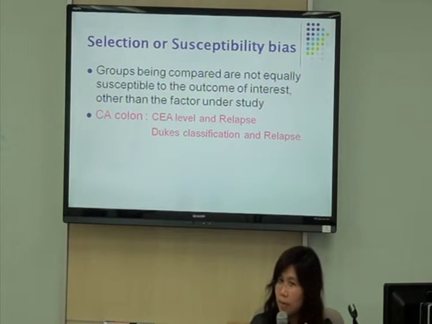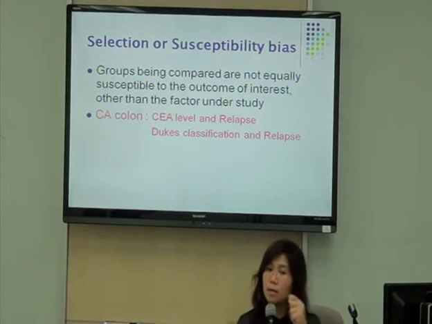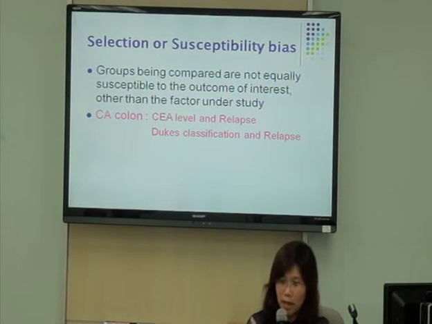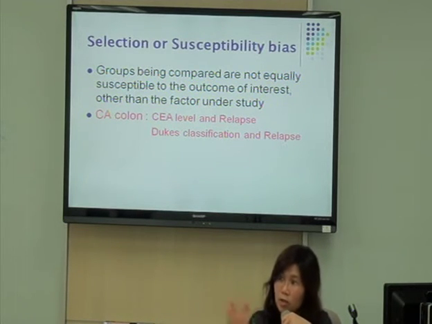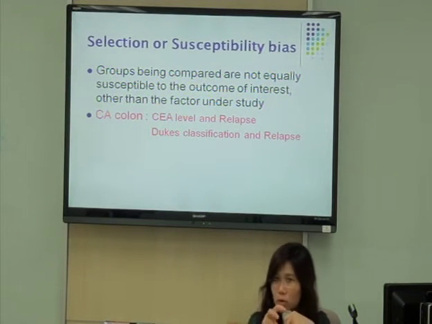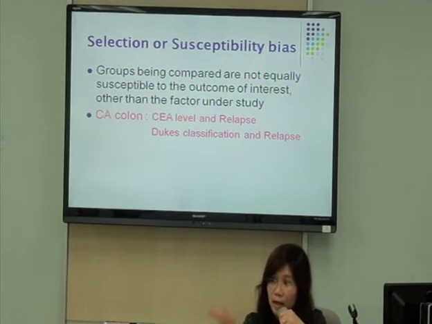Or another example: smoking can cause lung cancer, but men and women might not have the same risk. Women have a higher chance of developing lung cancer than men. So if the proportion of gender is not equally distributed between smoking and non-smoking groups, you cannot confidently conclude about smoking status and outcome.